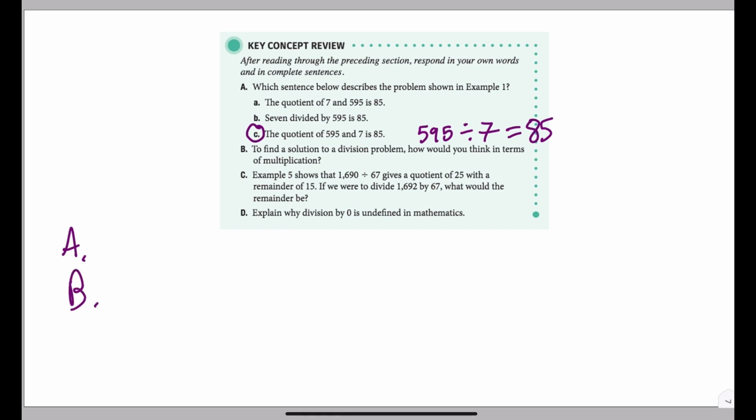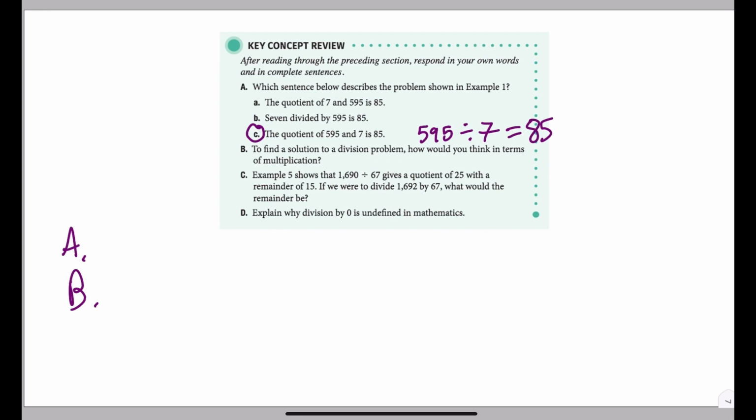Part B, to find a solution to a division problem, how would you think in terms of multiplication? Well, you want your quotient and your divisor to multiply to your dividend. And so when you're dividing in, what you're really thinking about is, what's the biggest multiple of the number that I can get out of it?